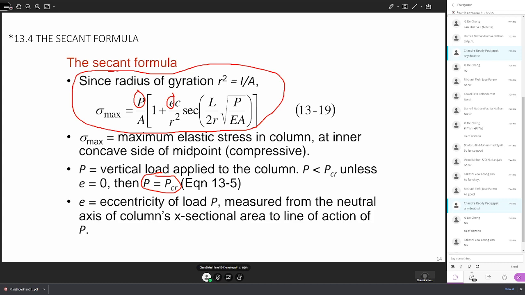The secant formula applies where there is an eccentricity, when the load is applied away from its neutral axis.